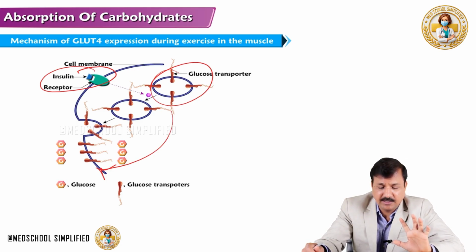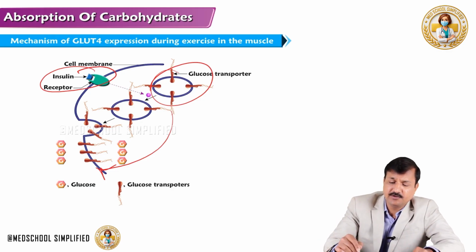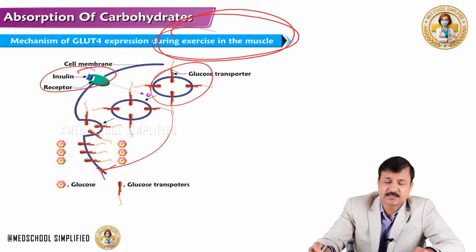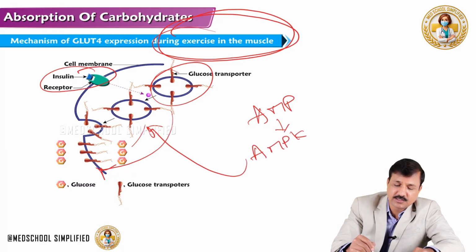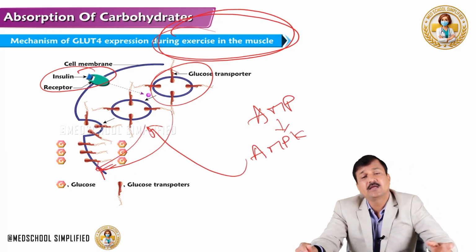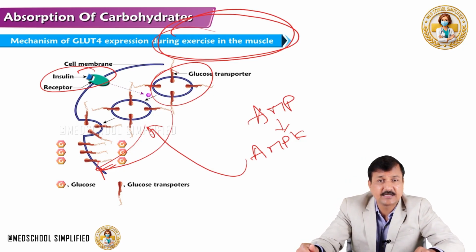Along with this insulin mediated GLUT4 transporter expression, even during skeletal muscle exercise, right, there is a rise in AMP, and an increase in AMP leads to an increase in AMP activated protein kinase, and that AMP kinase also brings GLUT4s back to the membrane, and thereby allows glucose to get inside the skeletal muscle.